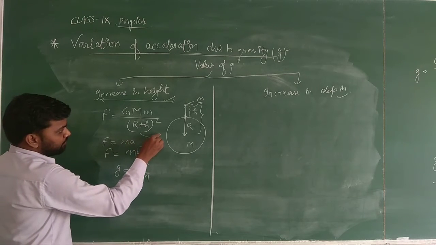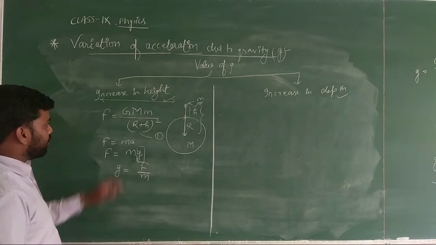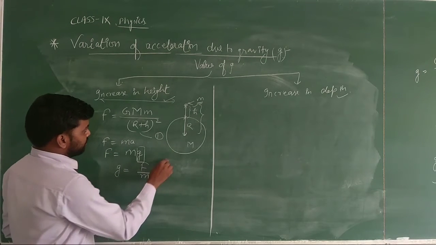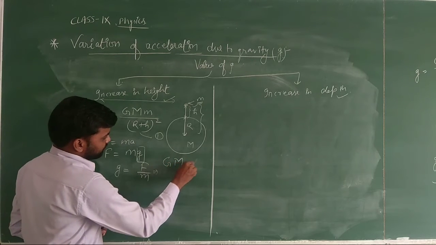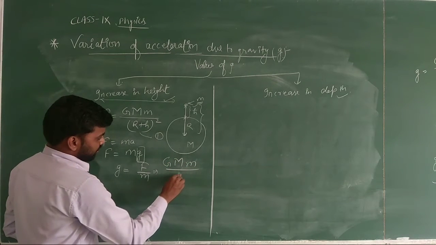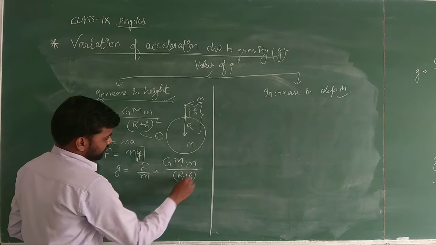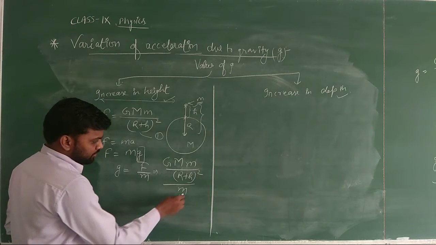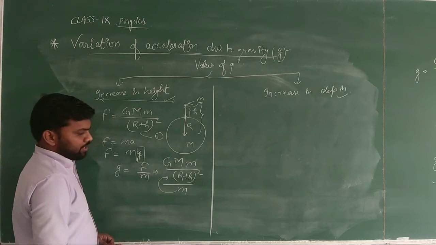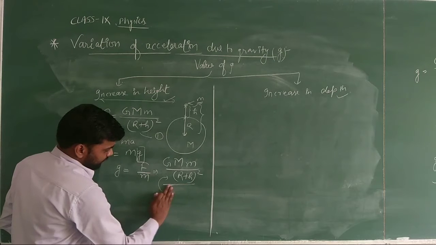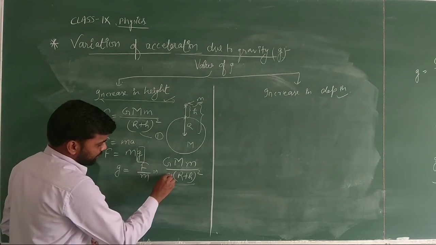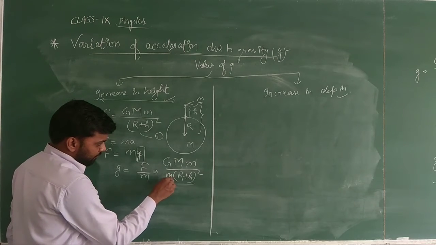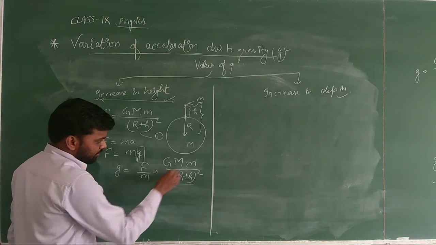From equation 1, if we put the value of capital F here, it will be equal to G capital M small m upon (r plus h) squared, divided by small m. Now this m goes to the denominator side, so we can remove it, and we can see that the m is the same here and here also.